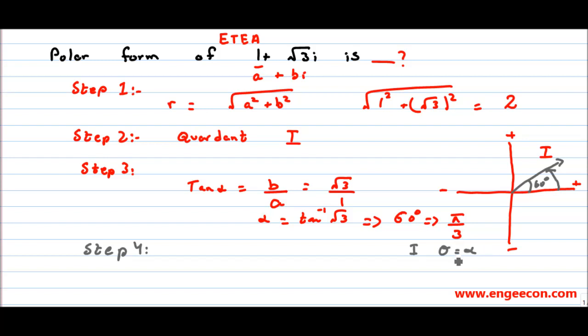So the standard angle will be equal to the basic angle, and the polar form is 2 cos pi by 3 plus iota sin pi by 3.